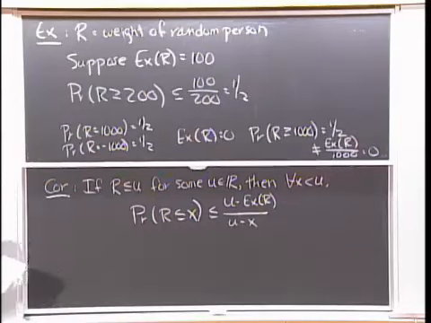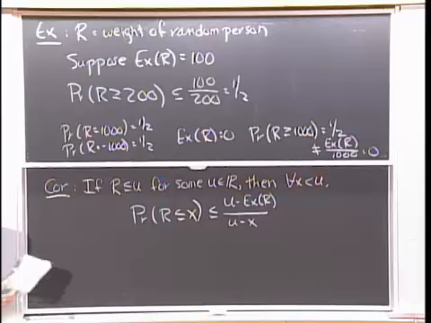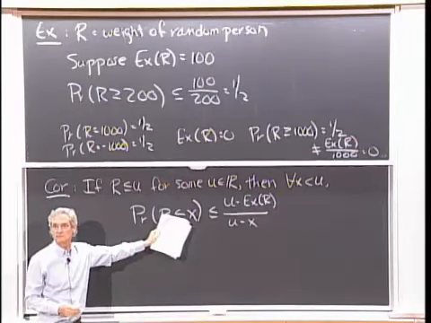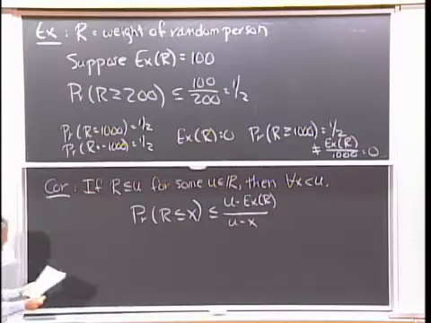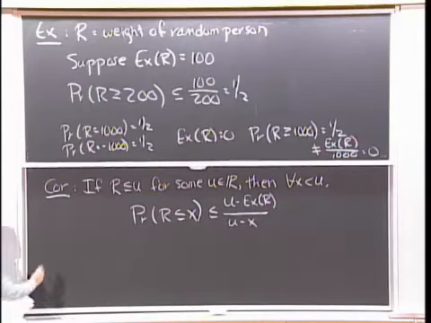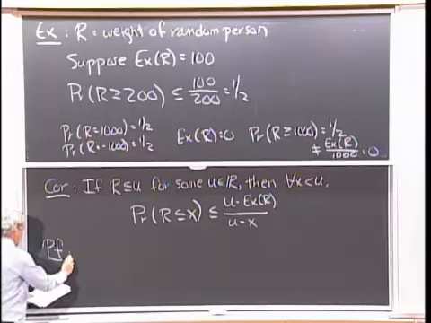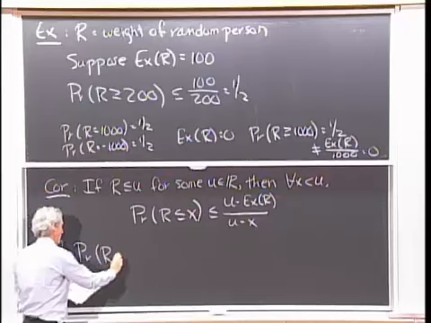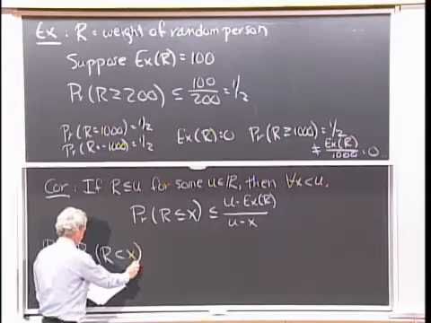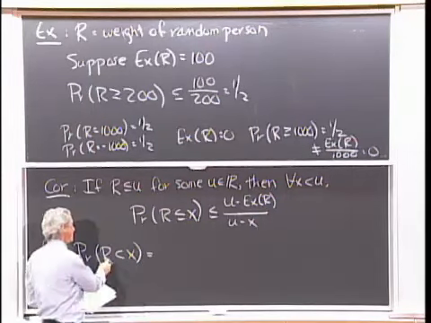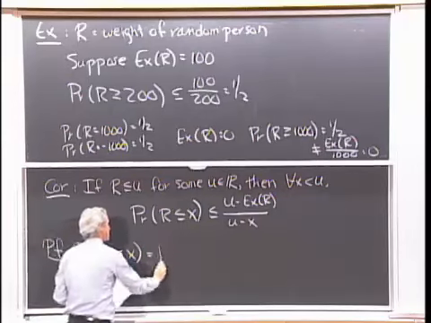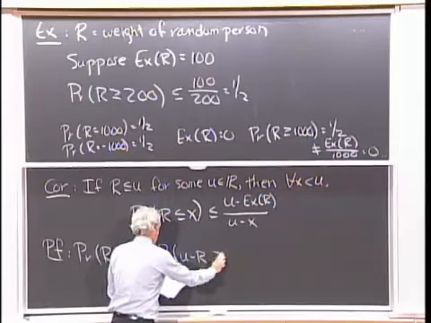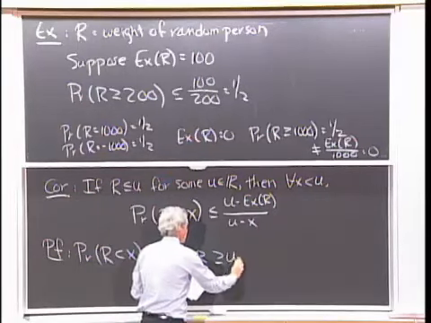So in this case, we're getting a probability that r is less than something instead of r is bigger than something. All right, and we're going to do it using a simple trick that we'll be using all day, really. The event r is less than or equal to x is the same as the event u minus r is at least u minus x.